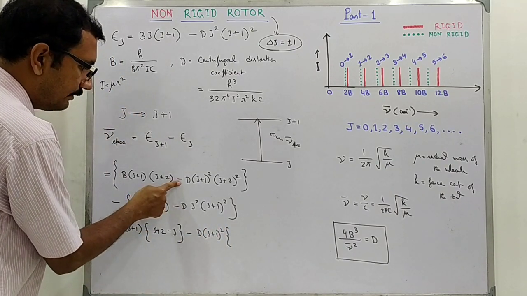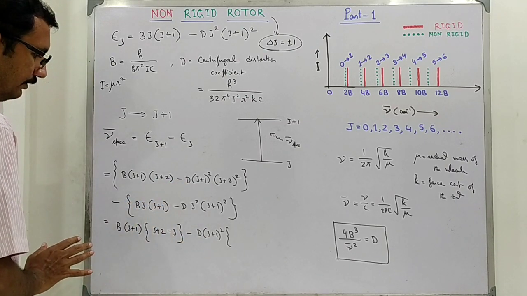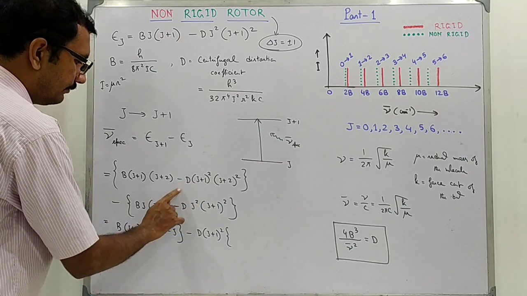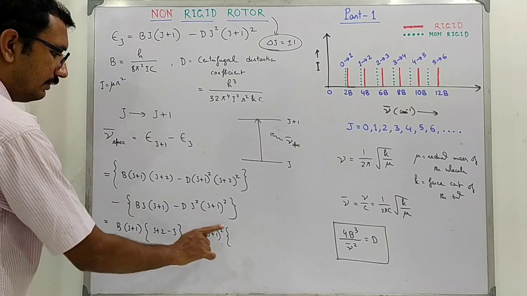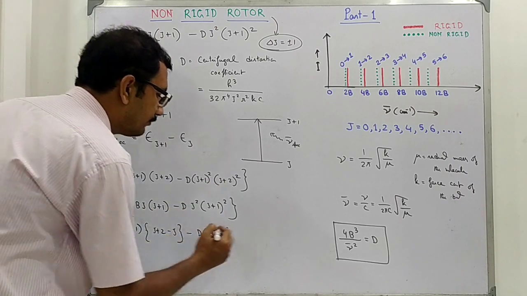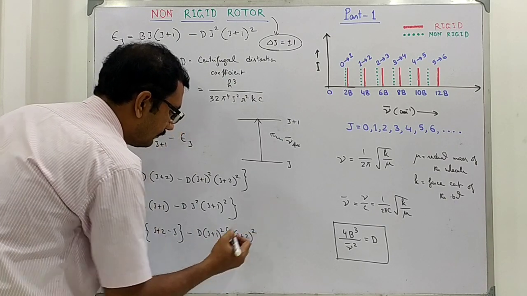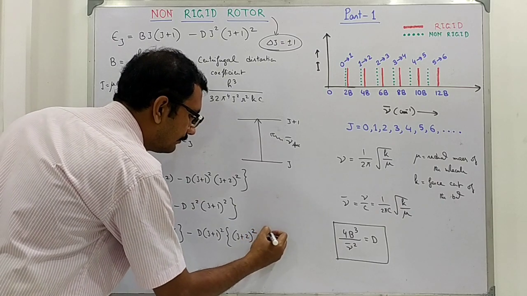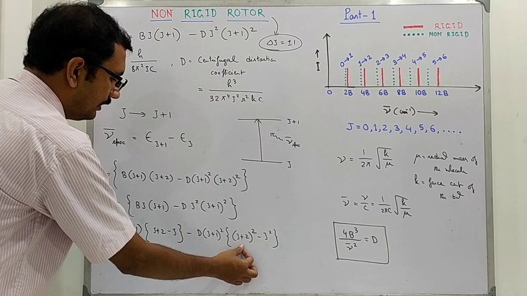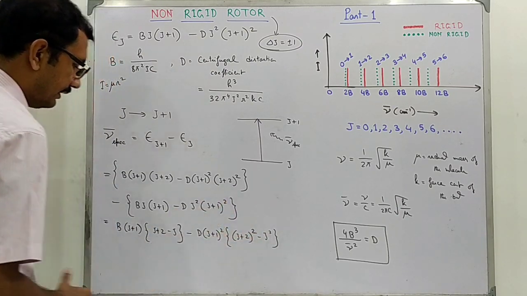Since we are taking minus as common, it will put a negative here. So, here it is J plus 2 whole square left, and here, as one negative is taken as common, another negative will be there, so it will be J square.